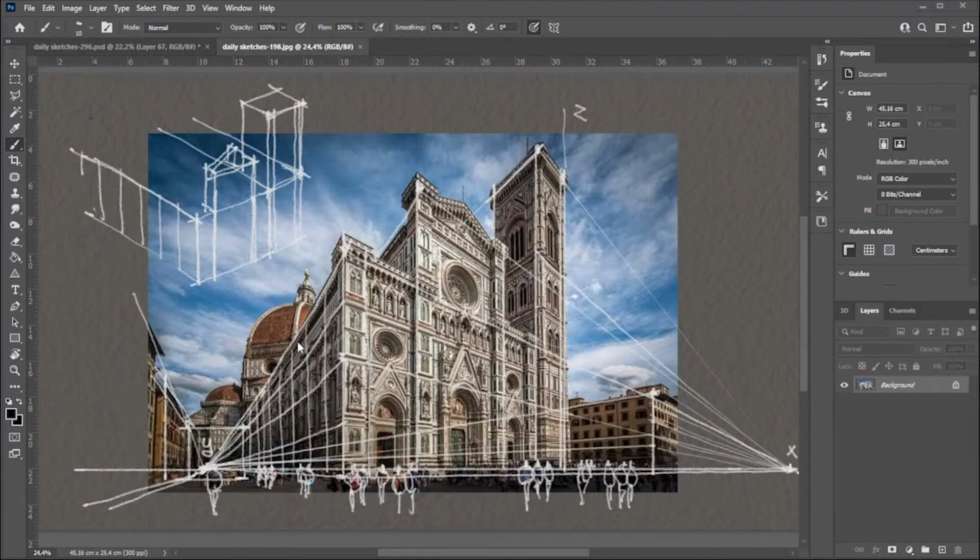Okay, we will come back to this, but let's quickly check this. These lines are parallel as they are meeting each other at this point. Also this building is parallel with this building, but this building here is not parallel with these.